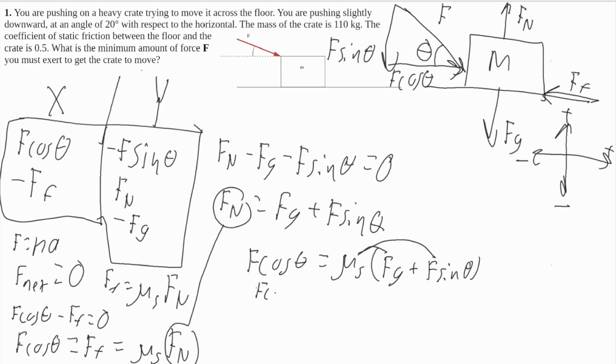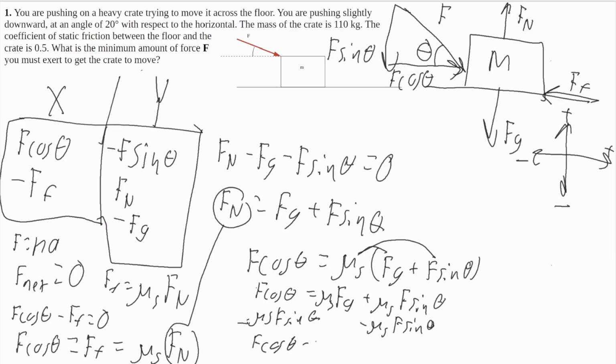We'll get F cosine of theta is equal to mu static Fg plus mu static F sine theta. And now we can subtract this mu static F sine theta from both sides. And we'll get F cosine of theta minus mu F sine of theta. That's all going to be equal to mu times the force of gravity.